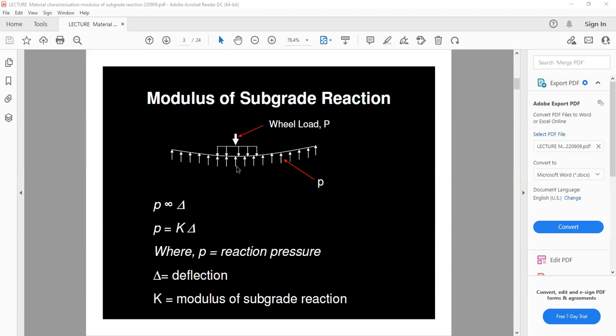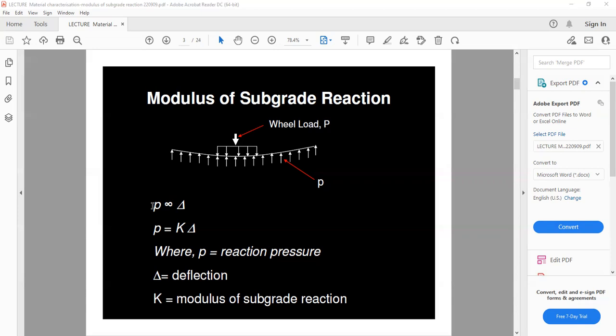Obviously, a very good soil will have a higher value as compared to a weak soil. Or if a wheel load is high, then we may need a thicker rigid plate.